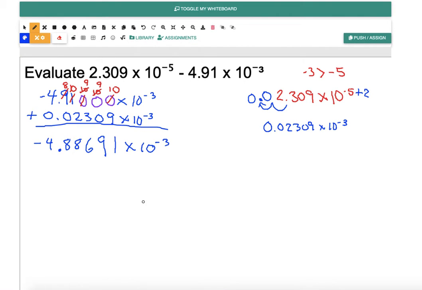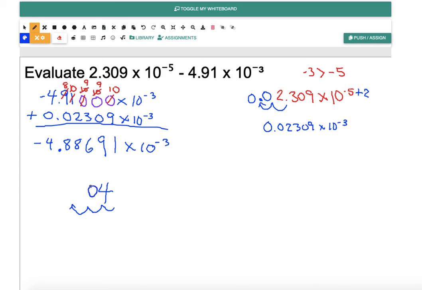And if you were writing it in standard notation, this is going to be a decimal because of the negative in front of the exponent. So that means that the decimal goes to the right. I'm sorry, to the left. So 4 is the first number, but the decimal would be to the right of that. So I'm going to go 1, 2, 3. It's going that way.